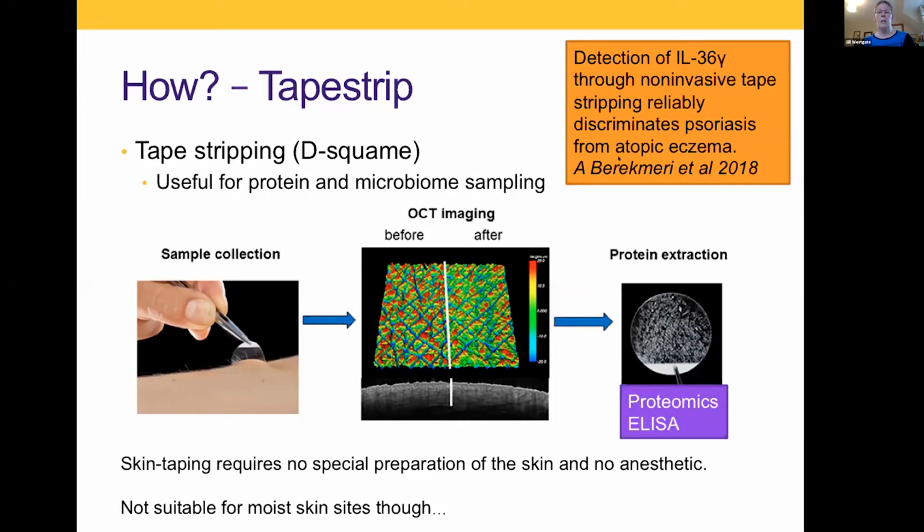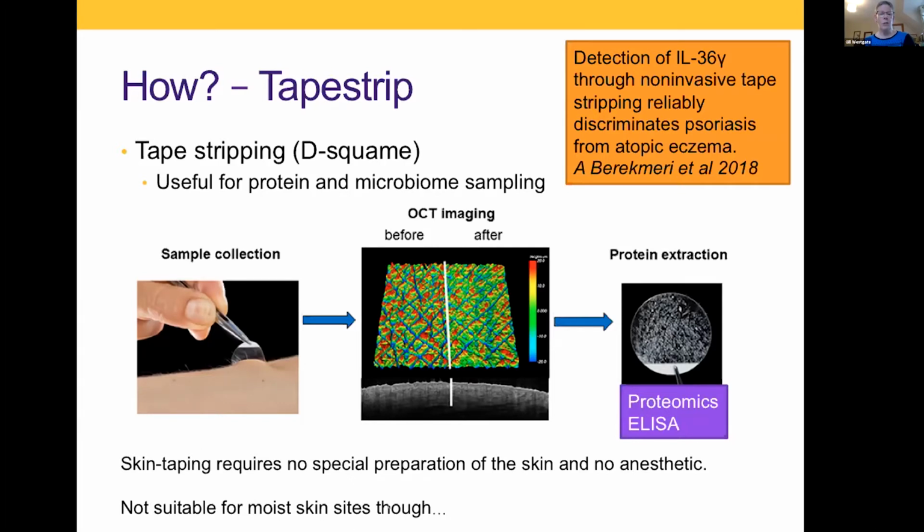And some examples of this were Anna Burke-Mary. She did a PhD looking at the differences between atopic dermatitis and psoriasis, and she was able to take samples of the stratum corneum, do full proteomics, and find markers that separated these two conditions, which for the clinician is quite useful because often these conditions can present quite similarly.